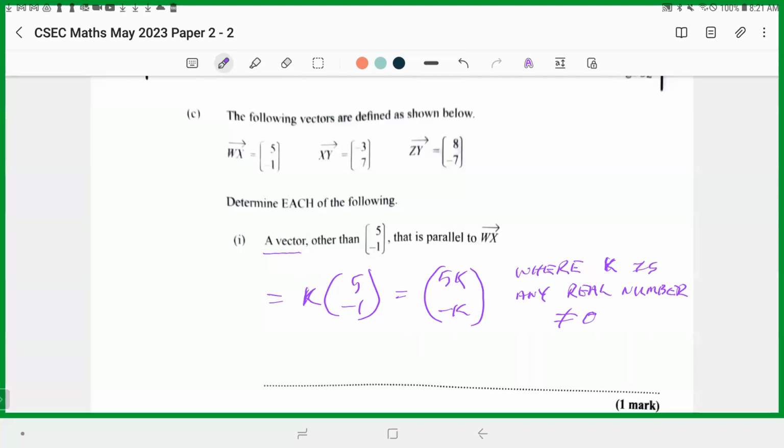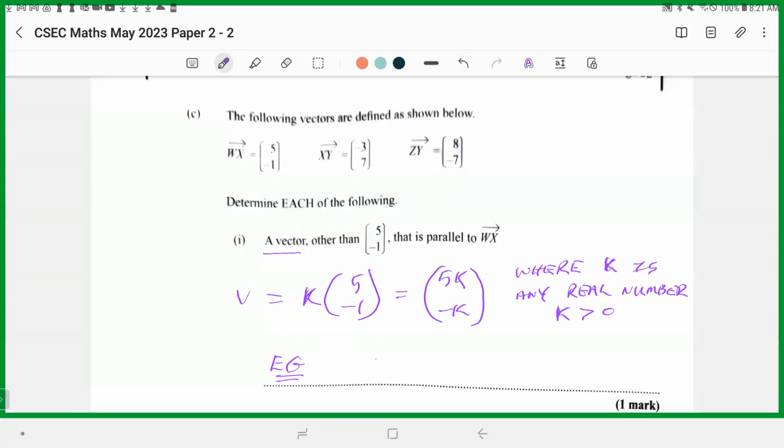But to assume that parallel means that it's going in the same direction, you can say any real number k greater than 0. So I want to ensure that it's going in the same direction. So for example, let's call it the parallel vector v.